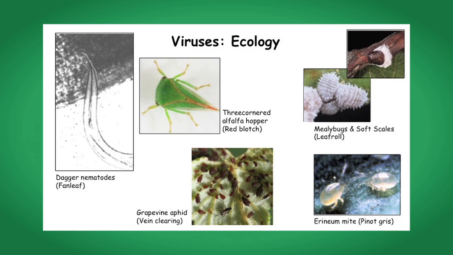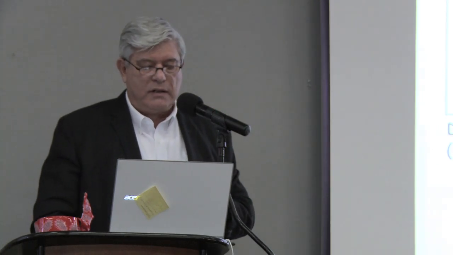And we mentioned, just to follow up on Ken's presentation, that viruses are transmitted by different insects. And again, there is an intimate relationship between a virus and a vine, and so exists an intimate relationship between a virus and a given vector. Just to emphasize what Ken said, leaf roll viruses are transmitted by mealybugs and soft scales.